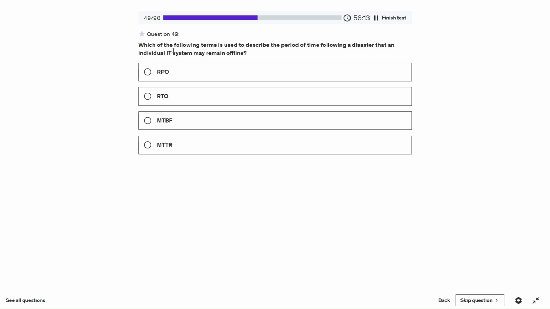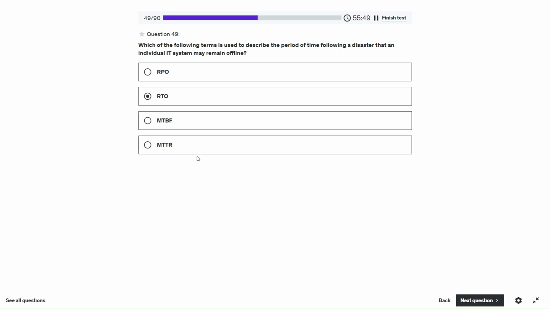Which of the following terms is used to describe the period of time following a disaster that an individual IT system may remain offline? So it should be a part of your objective. So this will be only the time you can afford, which is always going to be a part of the recovery time objective, not the mean time to repair.